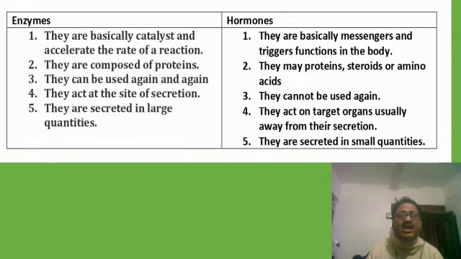Enzymes can be used again and again, but hormones cannot be used again. Enzymes act at the site of secretion, but hormones act on target organs, usually away from their secretions. Enzymes are secreted in large quantities. Hormones are secreted in small quantities.